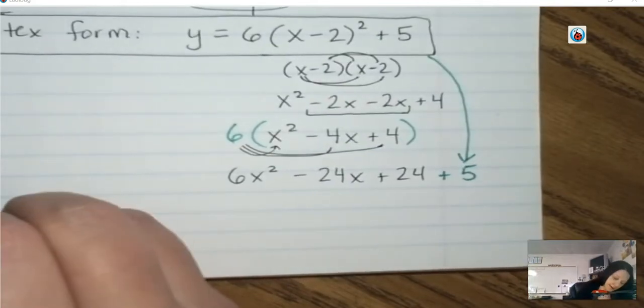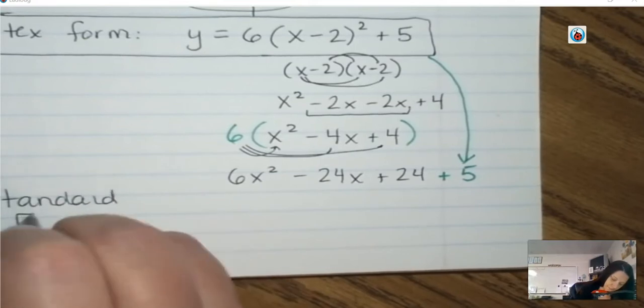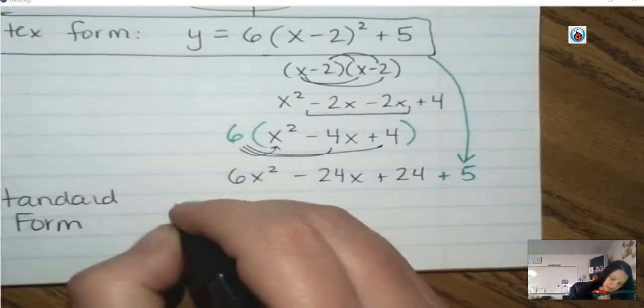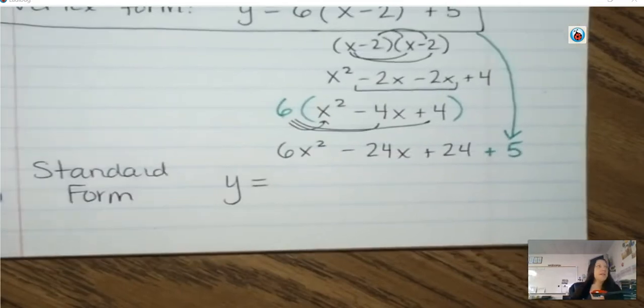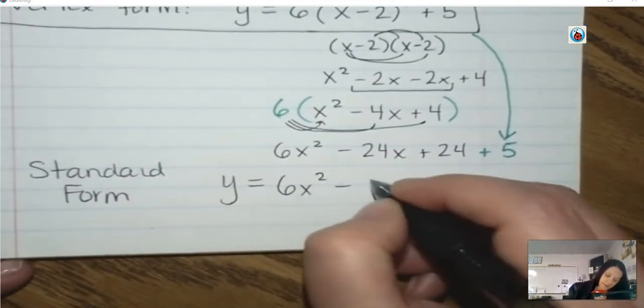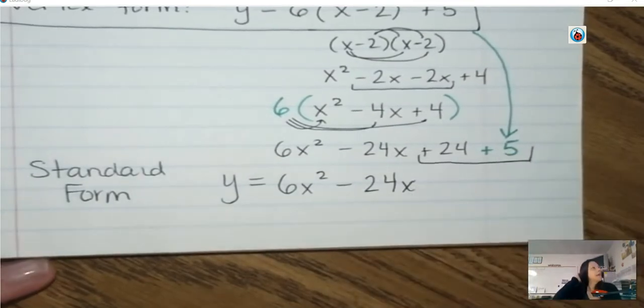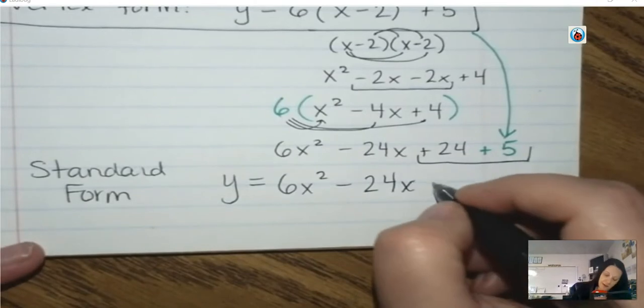So the final answer for standard form is y equals, or f of x equals, 6x squared minus 24x, and then combine your like terms. 24 and 5 make 29.